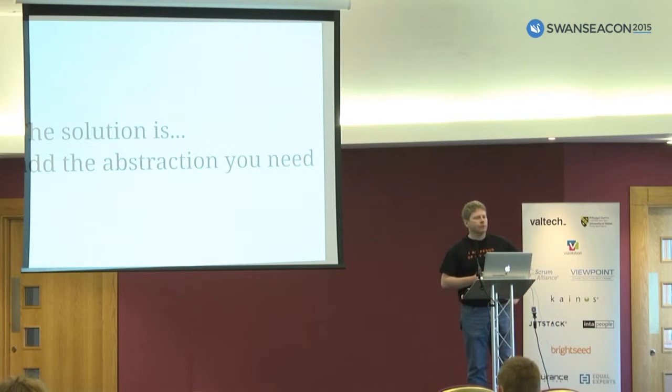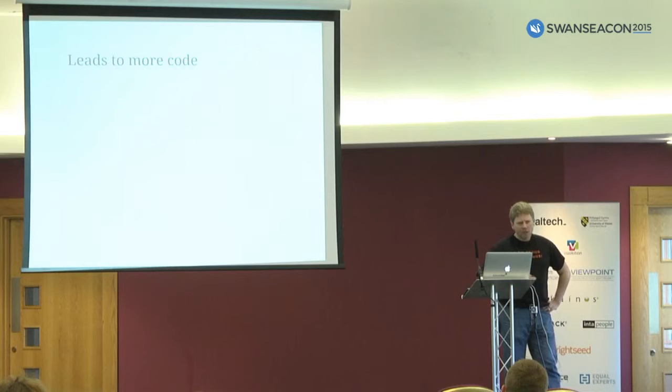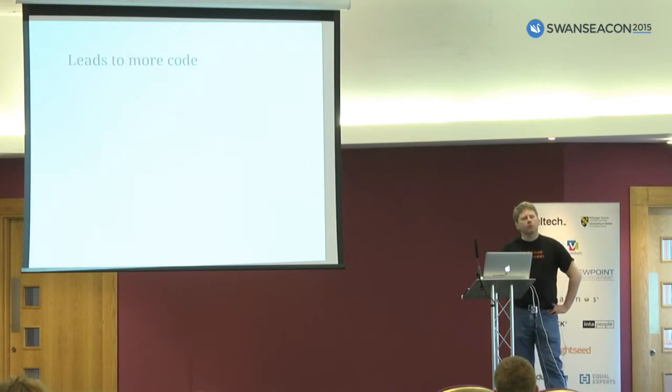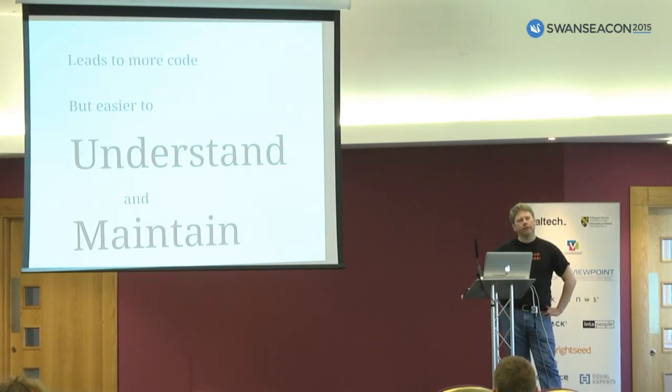So the solution is almost always more abstractions. This will lead to more code, unfortunately. But it will be easy to understand, and also easy to maintain. And this is perhaps the most important thing: understanding code and therefore being able to maintain it.